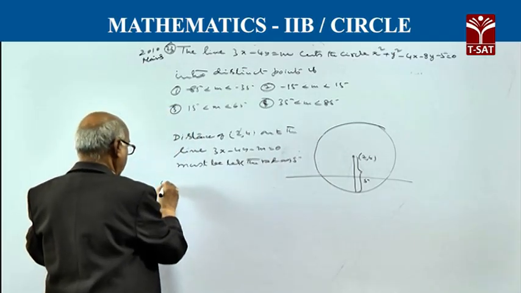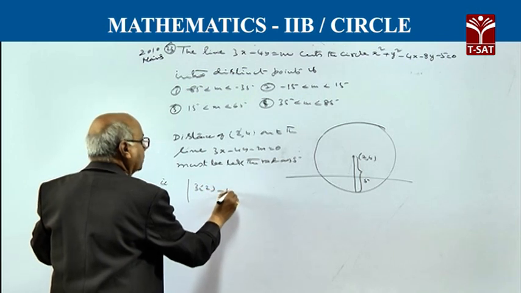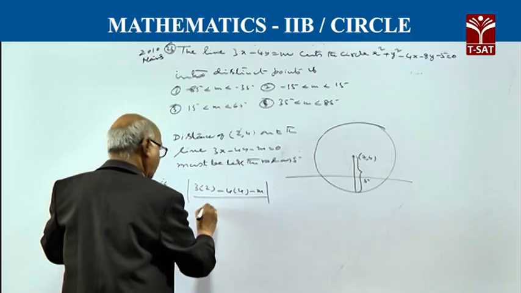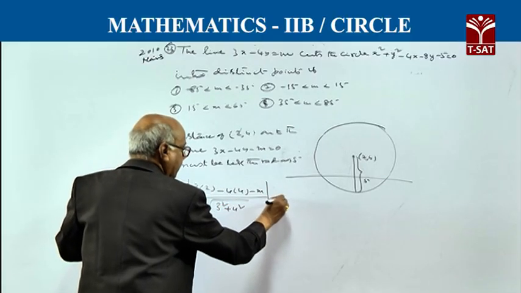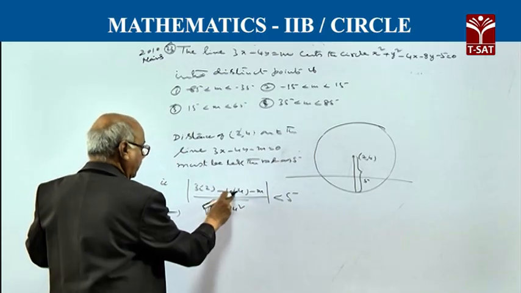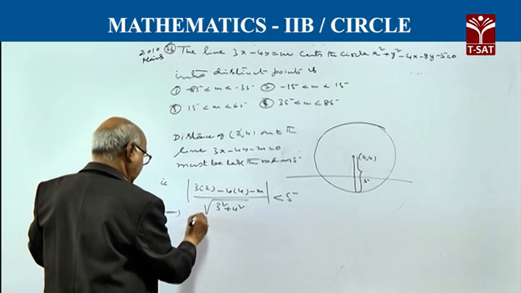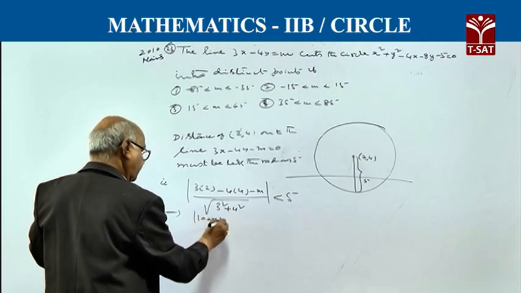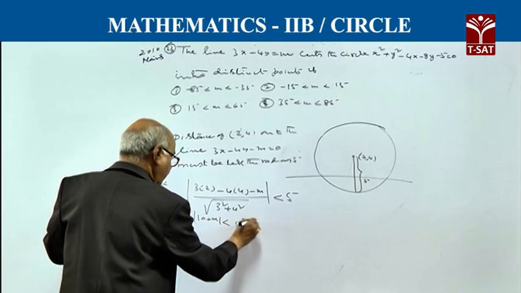So that is modulus of 3 into 2 minus 4 into 4 minus m by square root of 3 square plus 4 square less than 5. So that implies, minus 16 plus 6 is minus 10, so mod 10 plus m is less than 5 into 5, 5 square.